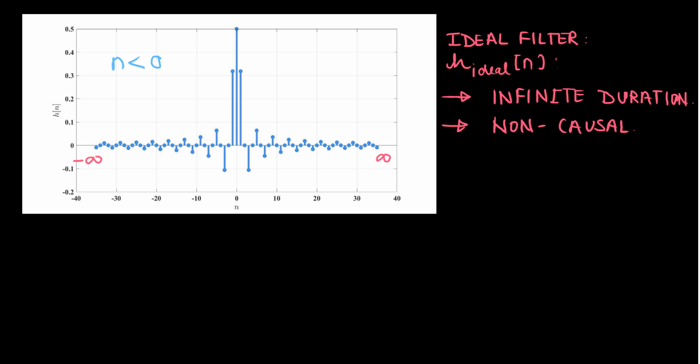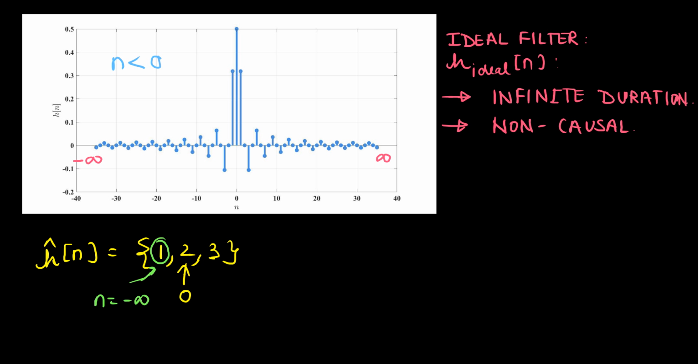For that, what we are going to consider is h hat of n, which is given as 1, 2, 3, and this 2 is located at n equal to 0. Now we can observe that we have a non-zero value, that is 1, for n equal to minus 1, and hence this system is non-causal. Now suppose I shift this h hat of n by 1 unit, or introduce a delay of 1 unit.